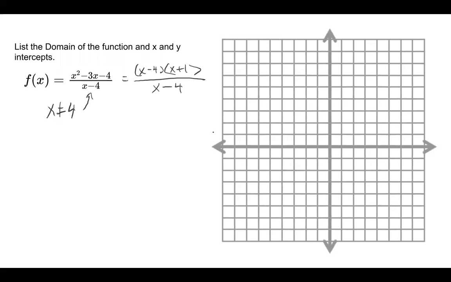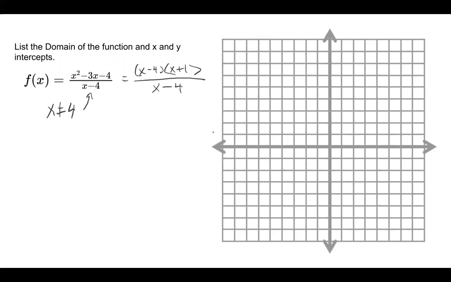And the numerator is bigger than the denominator. So you think, oh, yeah, whenever your numerator is bigger than your denominator, it's going to have a horizontal asymptote at 0.